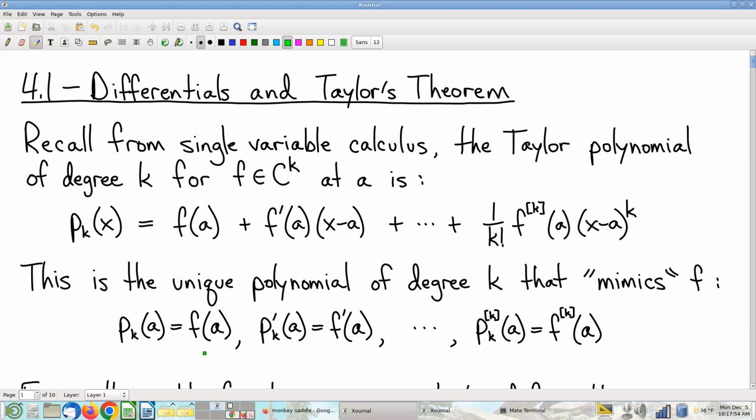But by virtue of having the same derivative, it'll not only have the same value at a, but it'll also kind of track the rate of increase of f. And then by having the same second derivative, it'll sort of track the curvature, and as it mimics better and better, you get better and better approximations near the value a. Okay, all right. So that's all review.